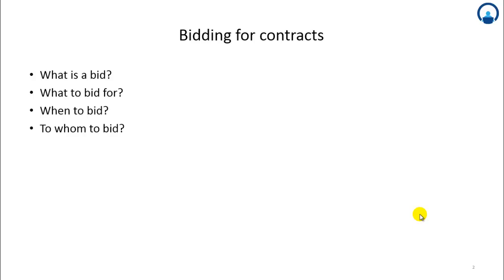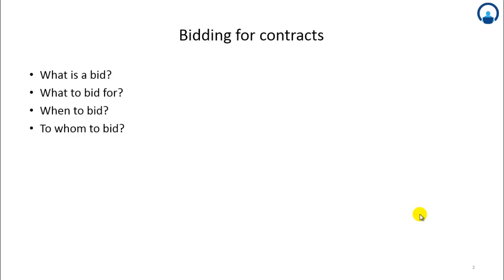Now, simply put, a bid is a statement of a proposal that is submitted by a prospective seller to a prospective buyer with the intention of selling a certain product or service to the customer. In other words, it is an offer which is made by a seller to a buyer.